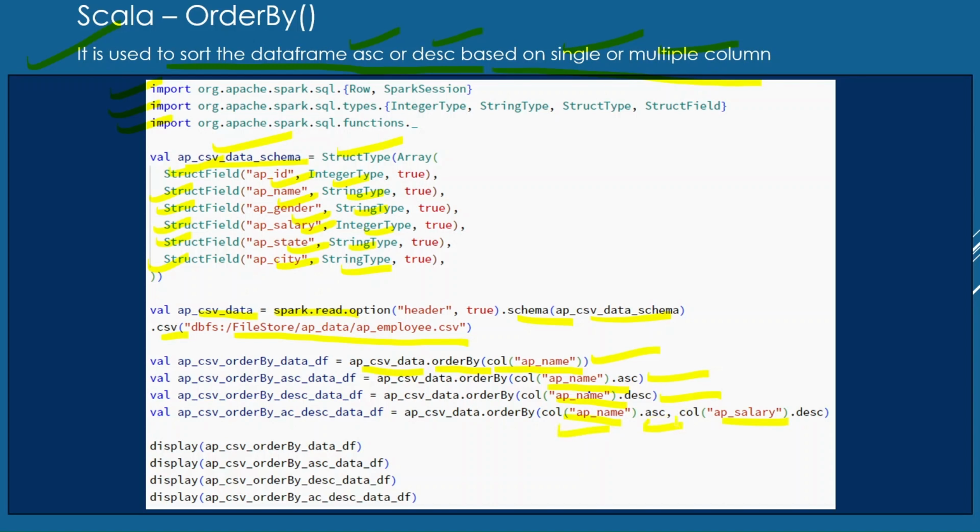Here we are sorting first the AP name in ascending order, and the AP salary column we are sorting in descending order.